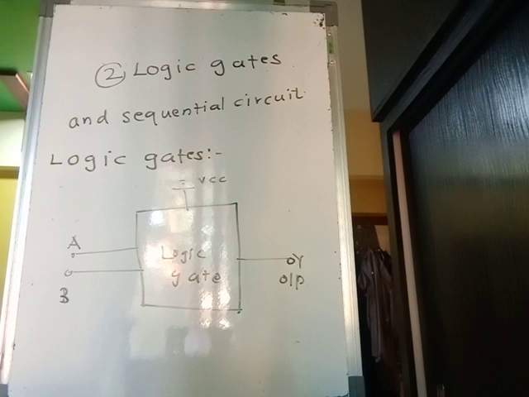Next term that we are going to see is the truth table. It is one table in which logic is expressed by taking all possible combinations of input and respective outputs.